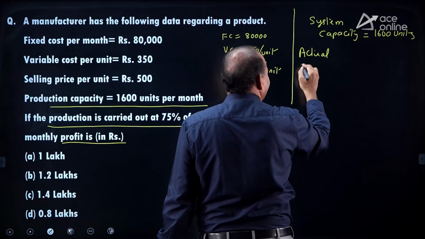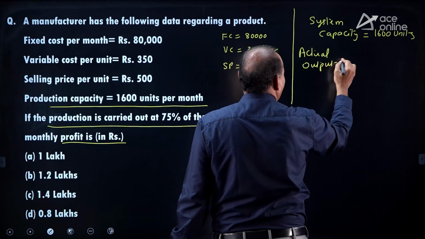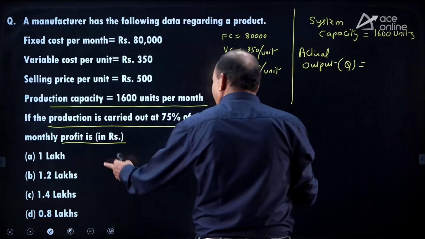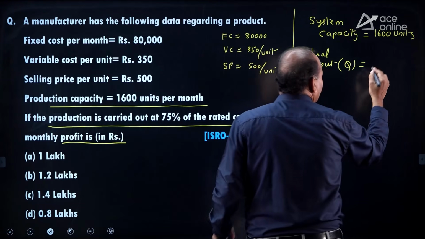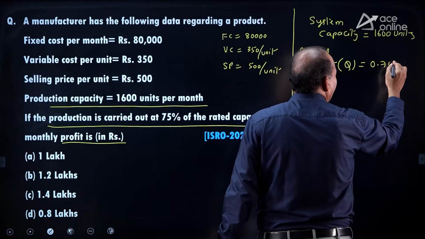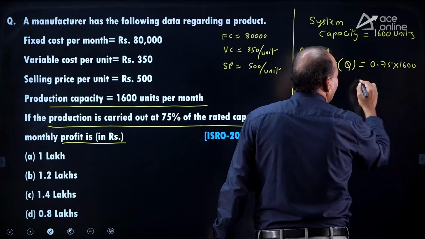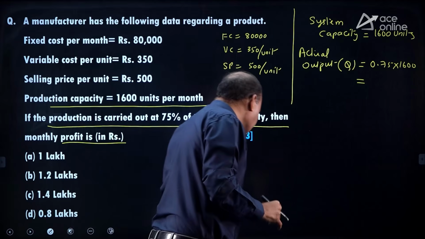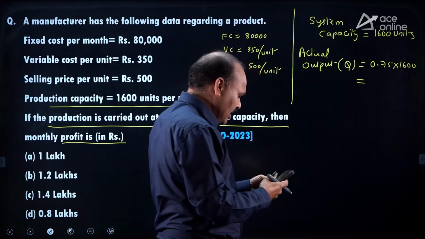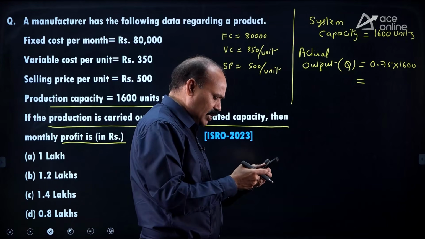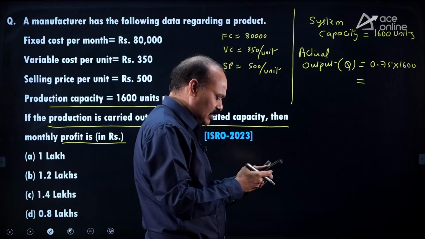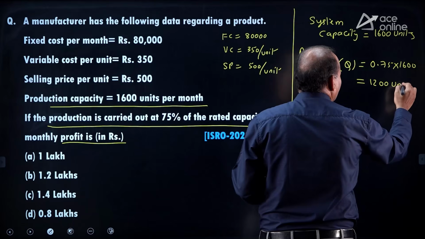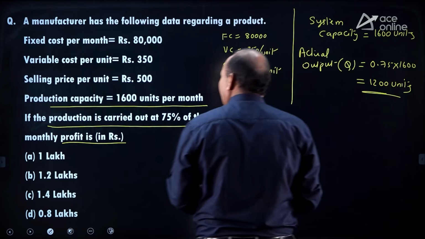Actual output, that is Q. What is the actual production volume? 75 percent, so 0.75 into 1600. We cannot produce 1600 because only 75% efficiency is there. So 0.75 into 1600, how much is it? 1200 units only we can produce using that particular system.